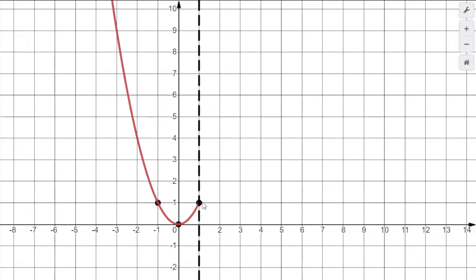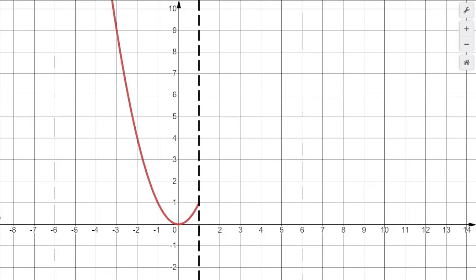Leaving that point there is a little too rushed, so I'm also going to put that point away, because we don't know if it's included or not. These 3 points were initially for drawing a parabola, but now I have to erase that point to consider it more carefully. Then to fine-tune the graph, I can also lightly erase those other 2 points. So now that's that portion of the parabola to the left-hand side of x equals 1.